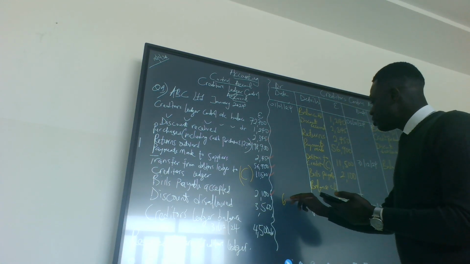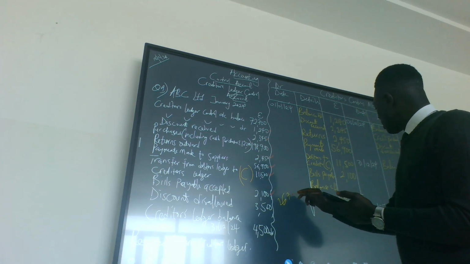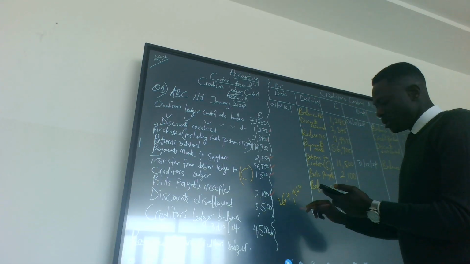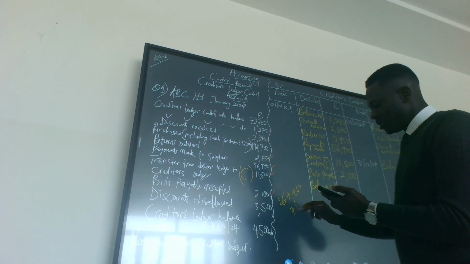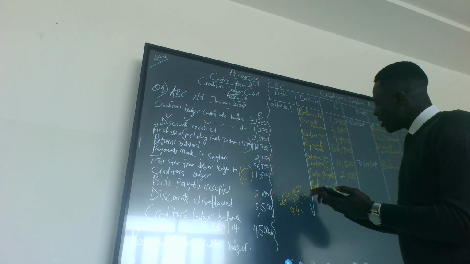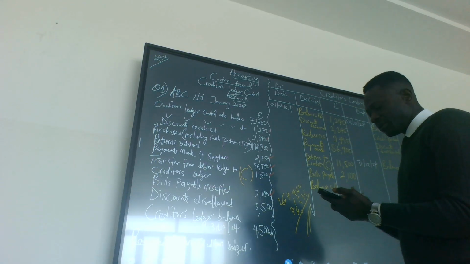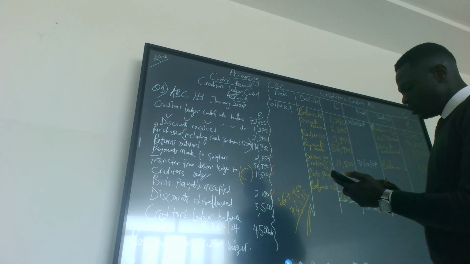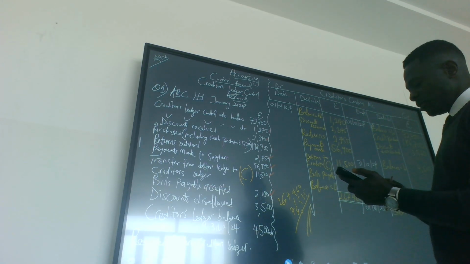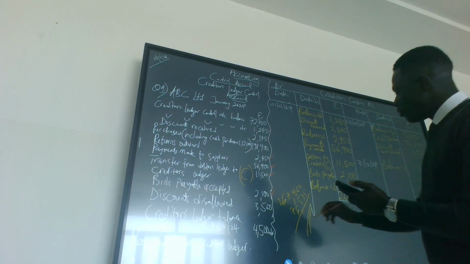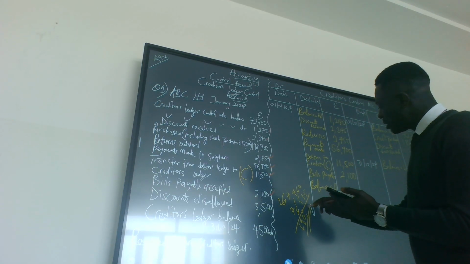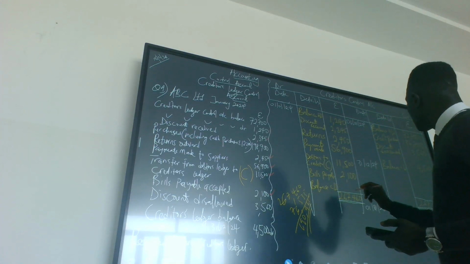So we have 267,460 minus 76,535. That will give us our balance carried down.